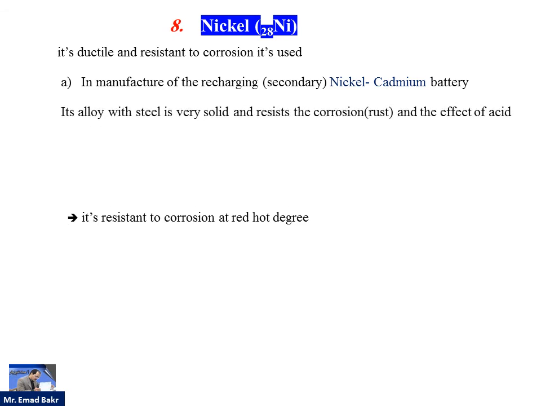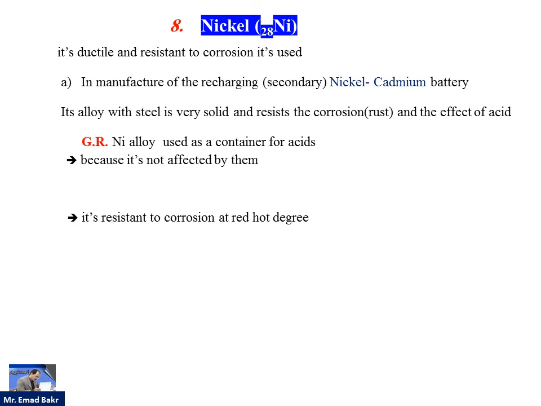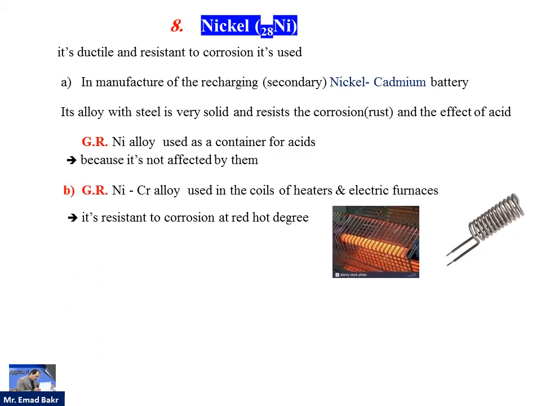Its alloy with steel is very solid and resists corrosion or rust and the effect of acid. Give reason: nickel alloy is used as a container for acids, because it's not affected by them.